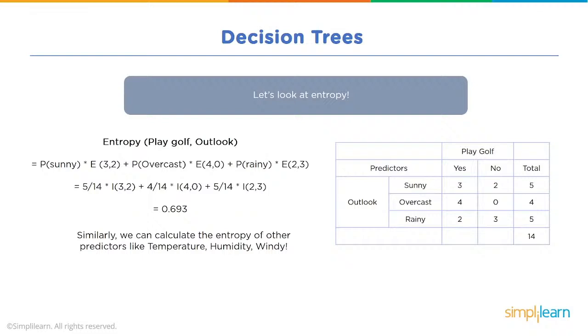When you do the whole setup, we have 5 over 14 times I of 3, 2, plus 4 over 14 times I of 4, 0, plus 5 over 14 times I of 2, 3. And so we can now compute the entropy of just the part that has to do with the forecast, and we get 0.693. Similarly, we can calculate the entropy of other predictors like temperature, humidity, and wind.